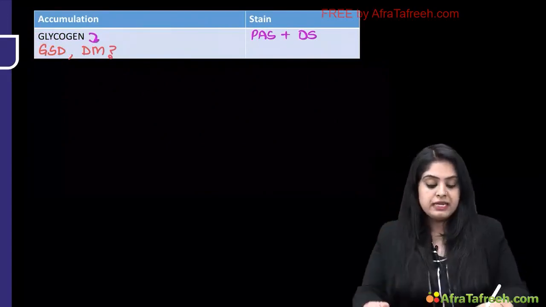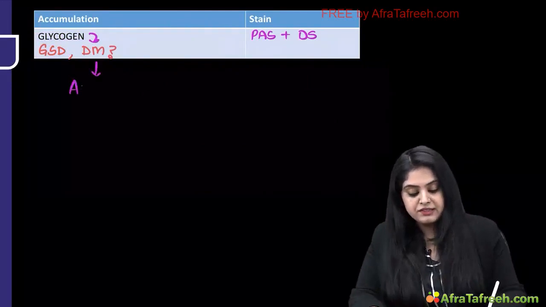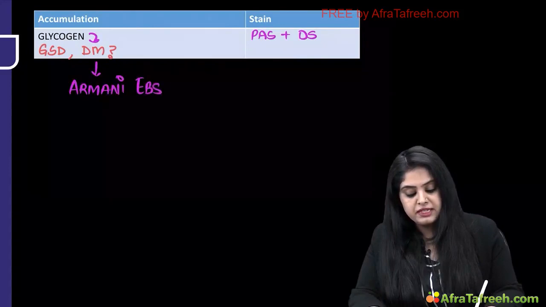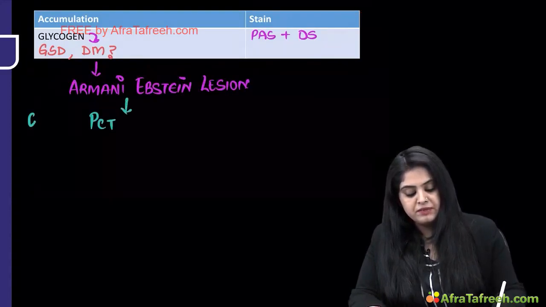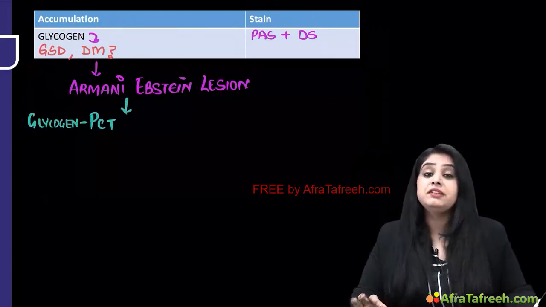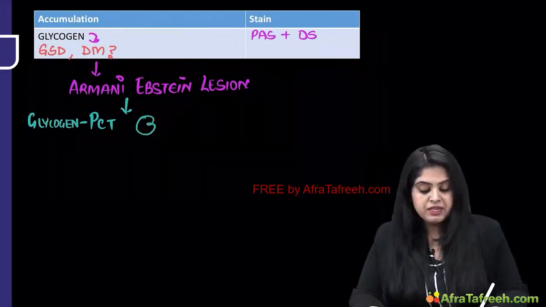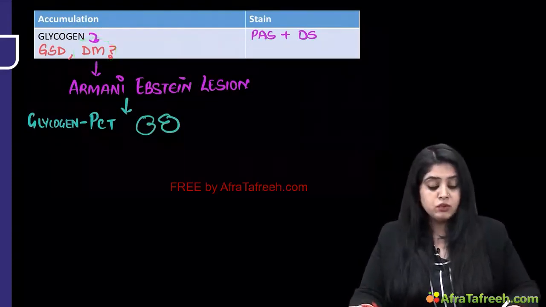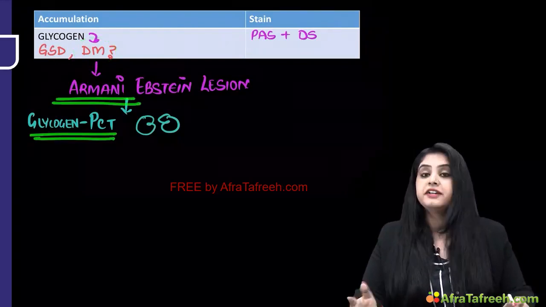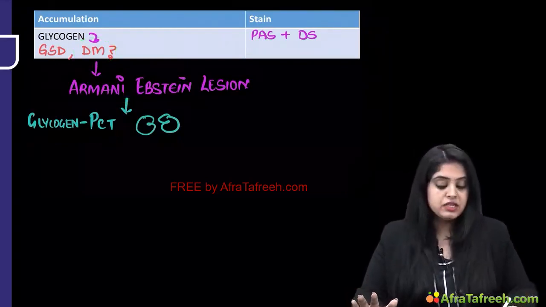So remember, in diabetes mellitus, in the kidney there is a condition known as the Armani-Ebstein lesion, and this Armani-Ebstein lesion is nothing but glycogen in the PCT. Which part of the kidney? It is present in the PCT. Basically, it's a kidney problem and it occurs in diabetes. So in other words, diabetic nephropathy.